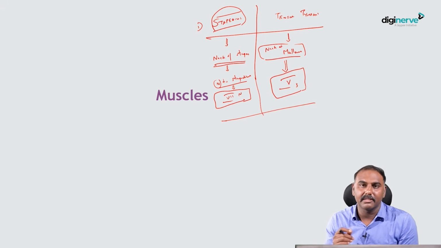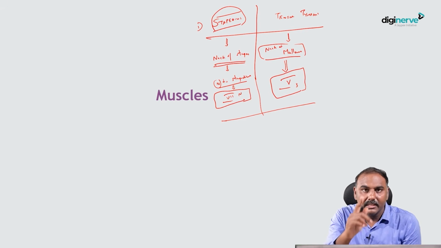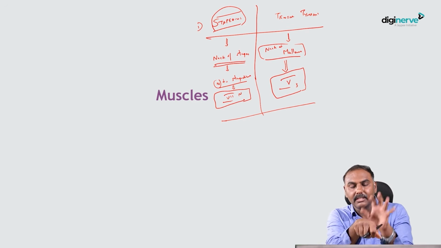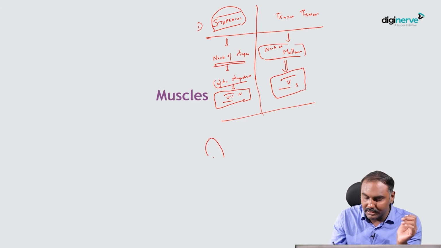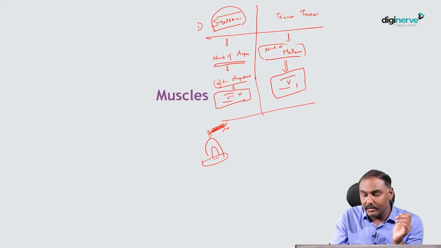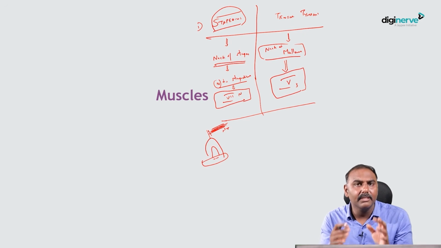The stapedius muscle. The stapedius is attached to the stapes. Say if this is the stapes, attached to the oval window, the stapedius muscle will be running like this. This is the stapedius muscle, attached to the neck of the stapes. So what happens now?